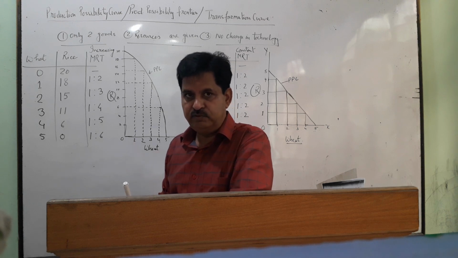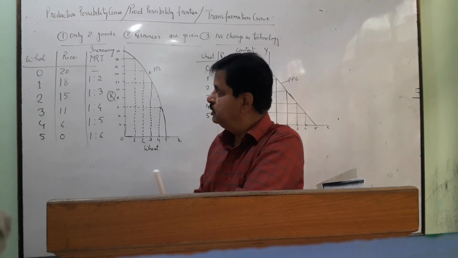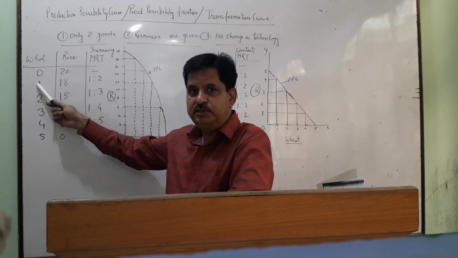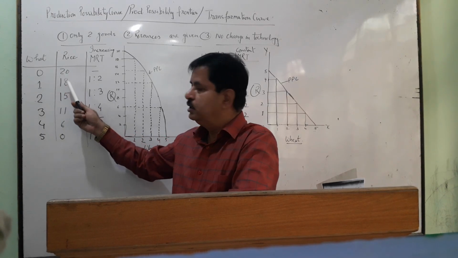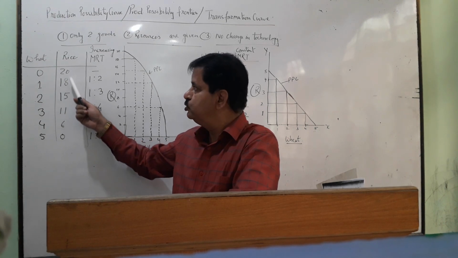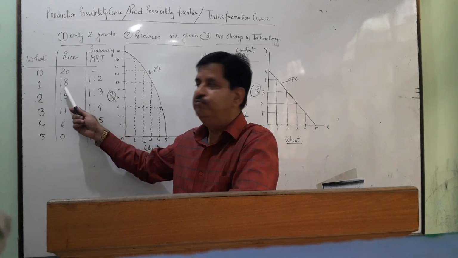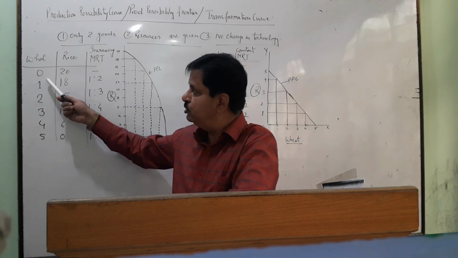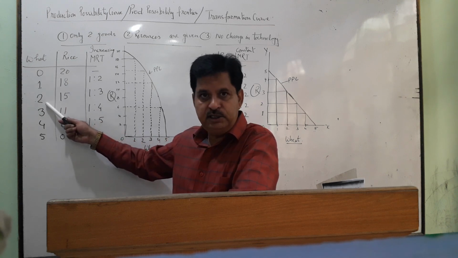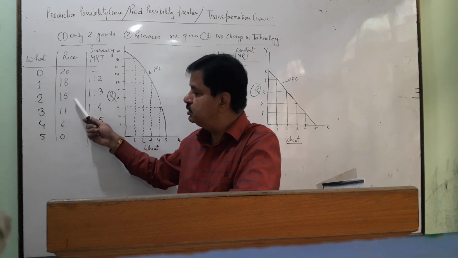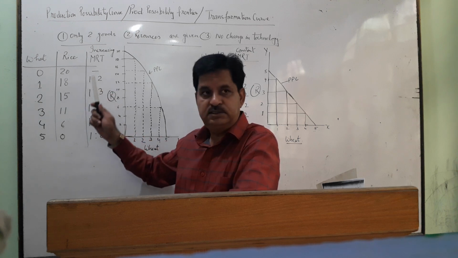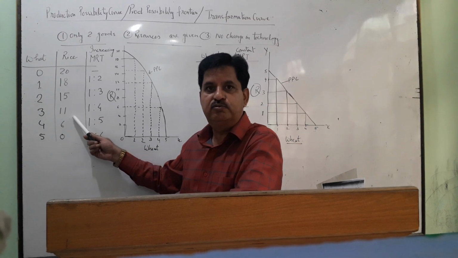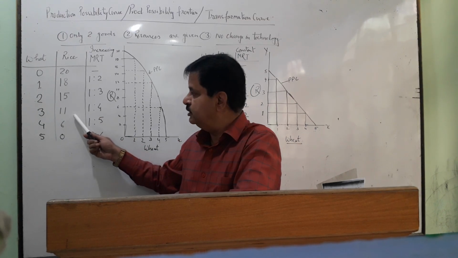Now, when we increased wheat by 1 quintal, we had to sacrifice 2 quintals of rice. When we want to increase the production of wheat again by 1 quintal, we have to sacrifice 3 quintals of rice. Again for 1 quintal we have to sacrifice 4 quintals of rice.